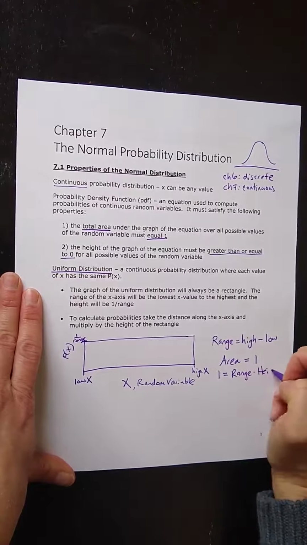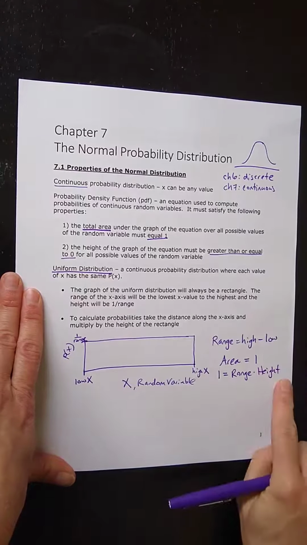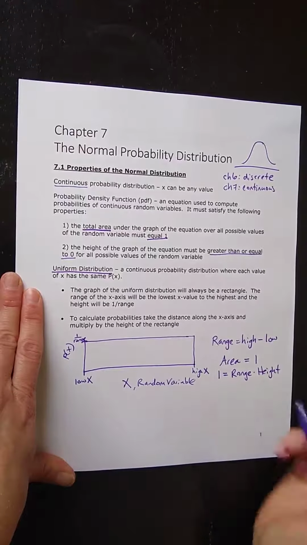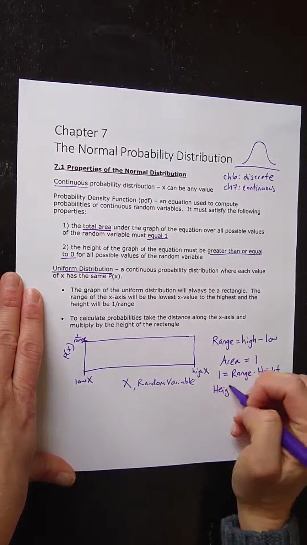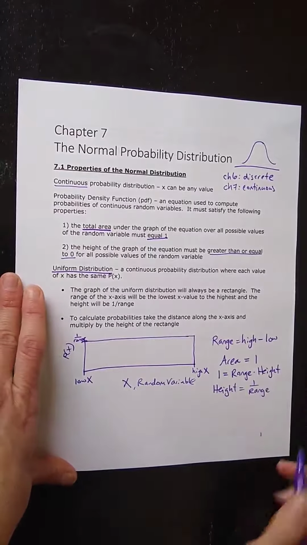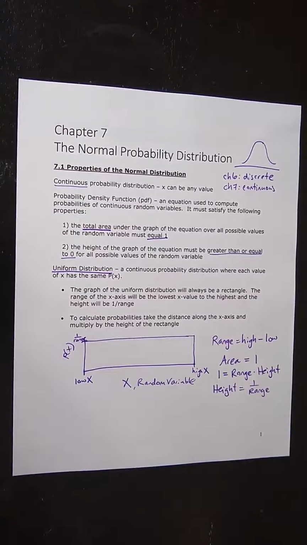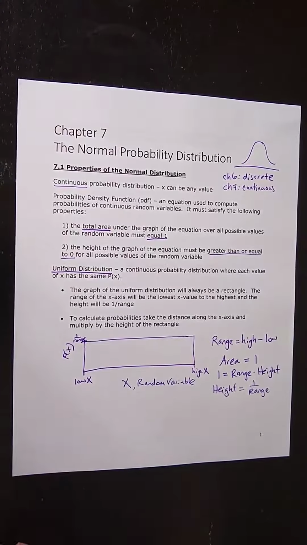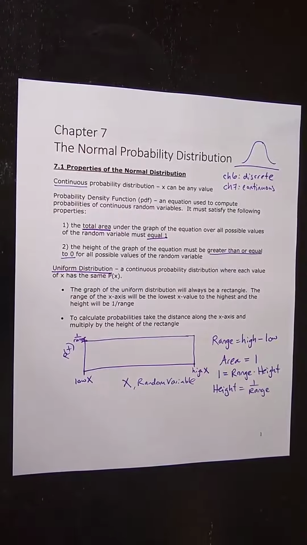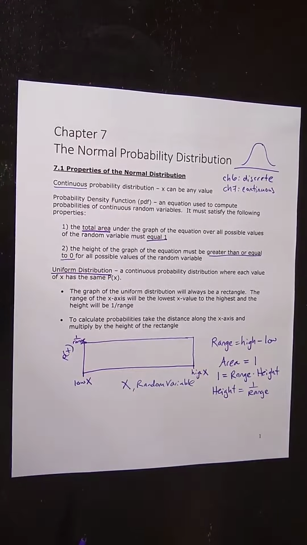Then what is the height? You can solve this little equation for height by dividing both sides by range. So the height is 1 divided by the range. When you have actual high and low x values for this, you'll be able to calculate what this 1 over range is in terms of a number.